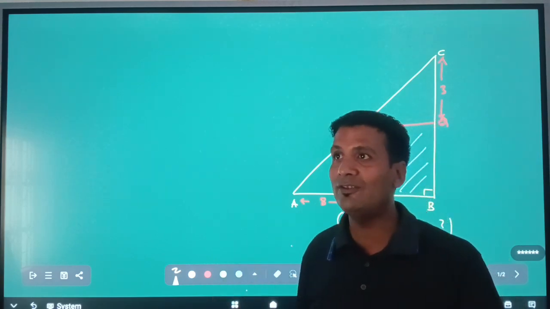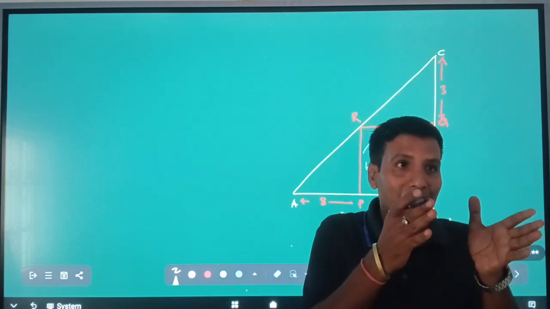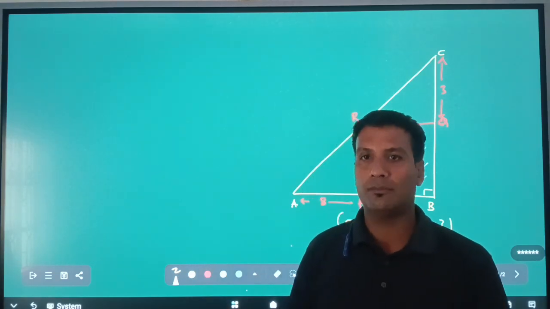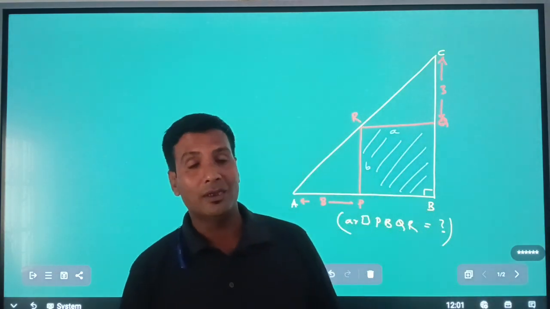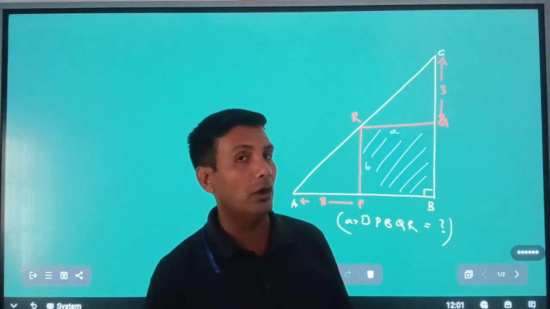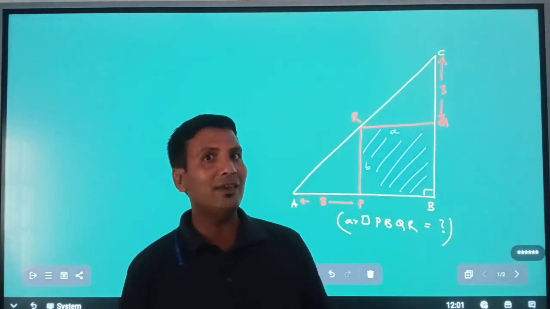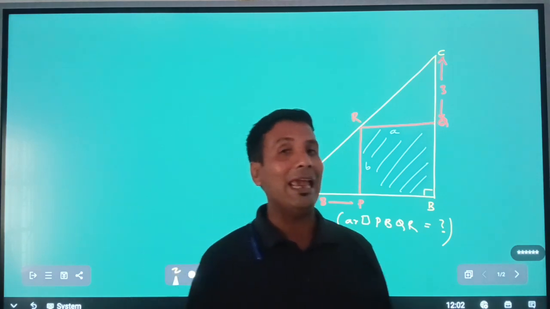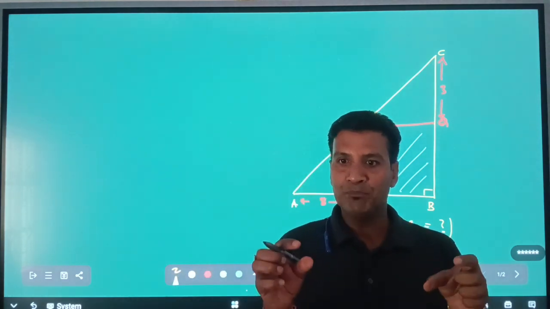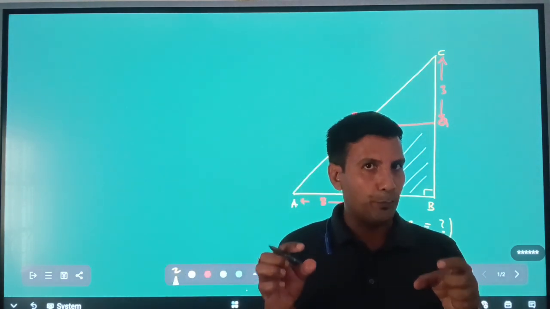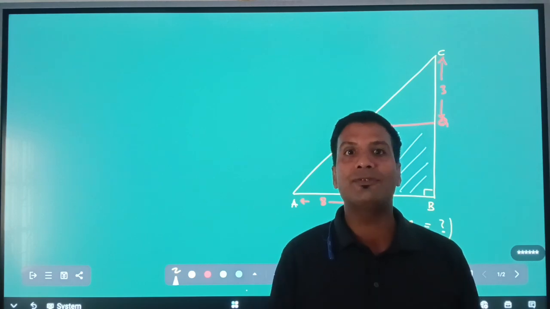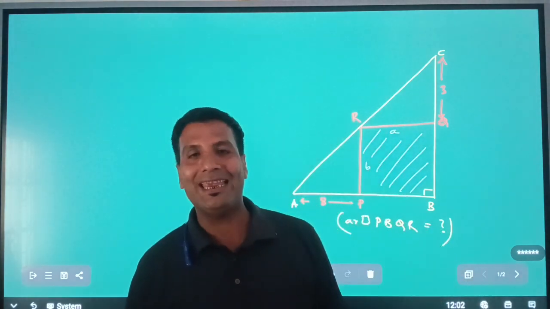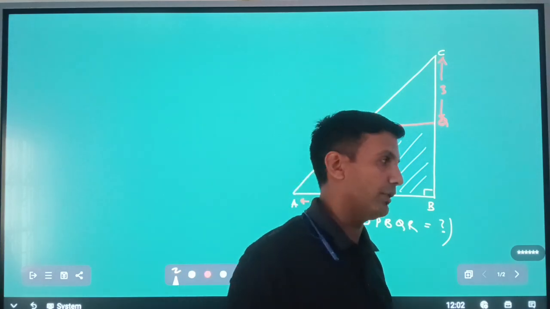On another basis, if the corresponding sides are proportional to each other, they also can be called similar triangles. In the same way, there is another criterion also, that is SAS, where we see the proportionality of two pairs of sides and the equality of the angles between them. That is called the SAS criterion for similarity of two triangles.